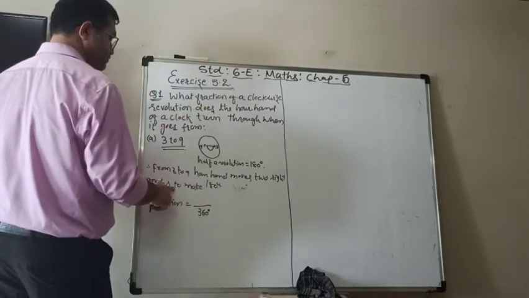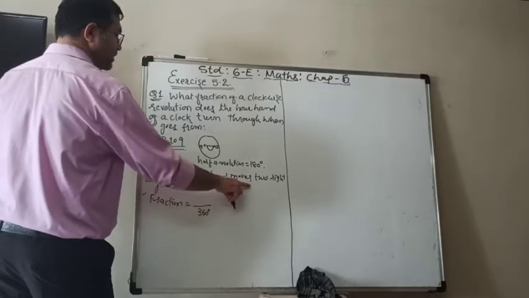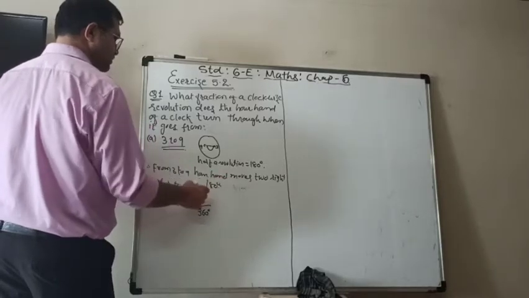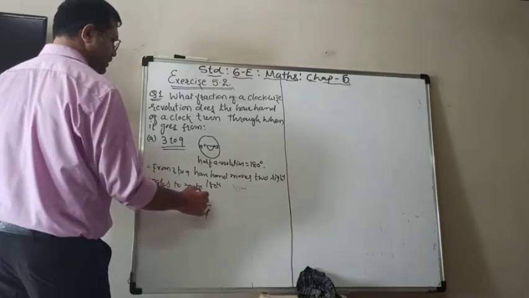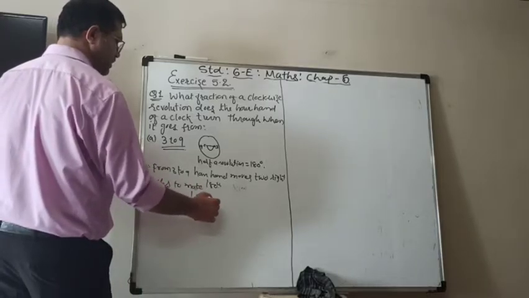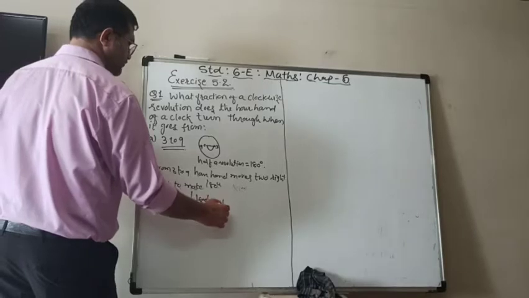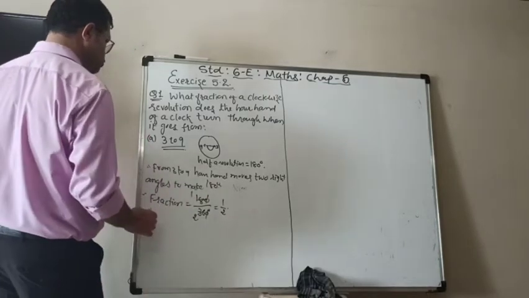Here it is making 2 right angles, meaning 180 degrees. So 180 upon 360, 18 ones are 18, 18 twos are 36. So your fraction is 1/2.